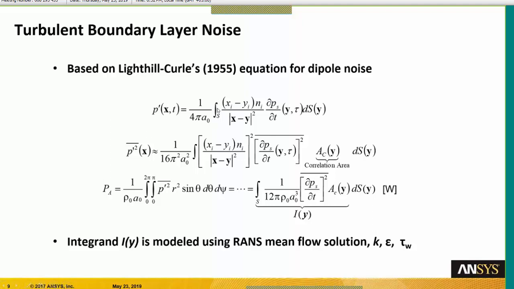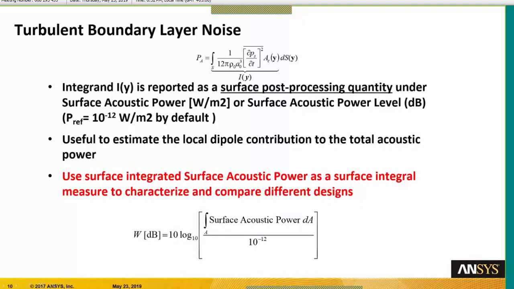And this surface integral is rewritten to integrate this particularly important term, which corresponds to the time derivative of the pressure at the surface. It's important because this term describes the variation of the flow near the wall. And this variation of pressure is going to be the generating term to create this acoustic response at the wall.